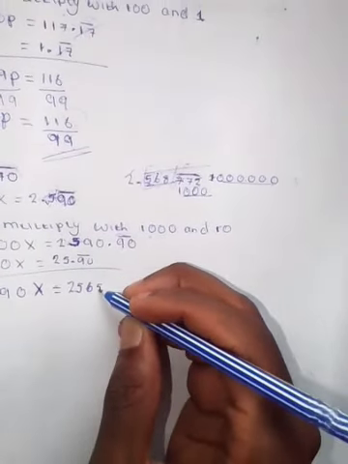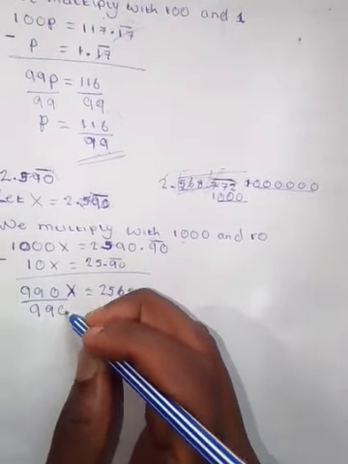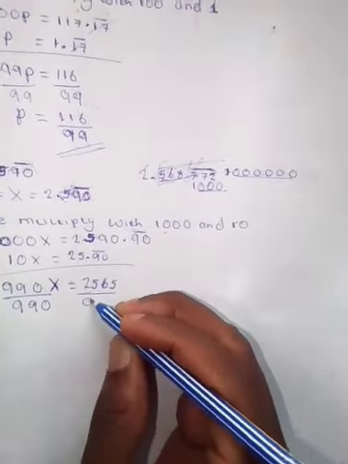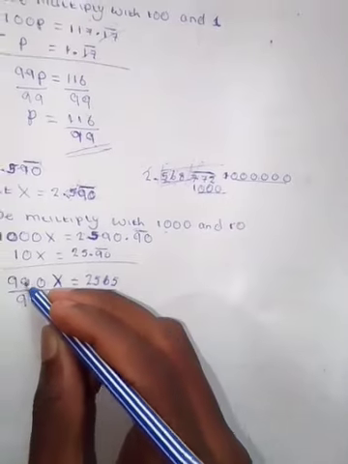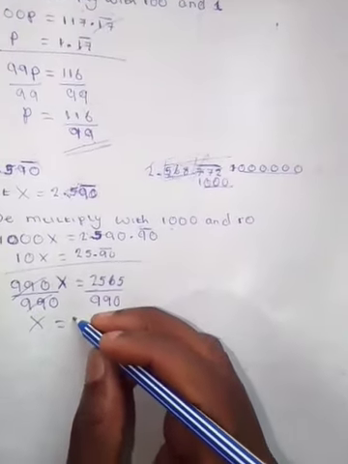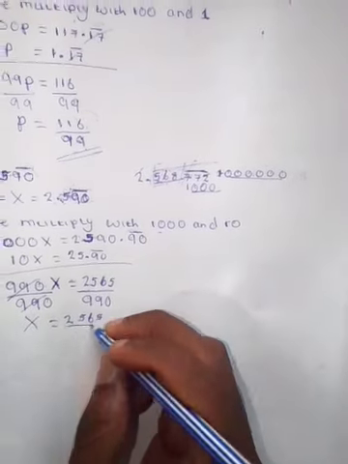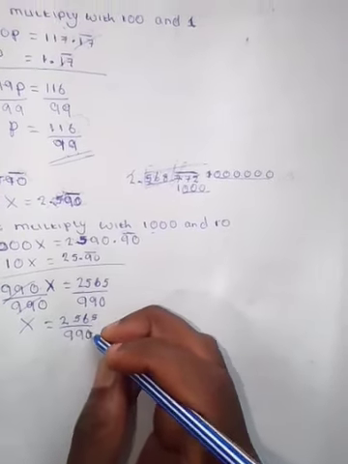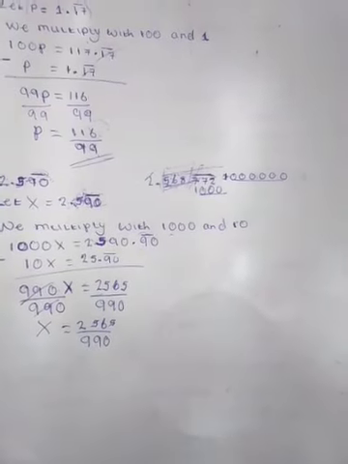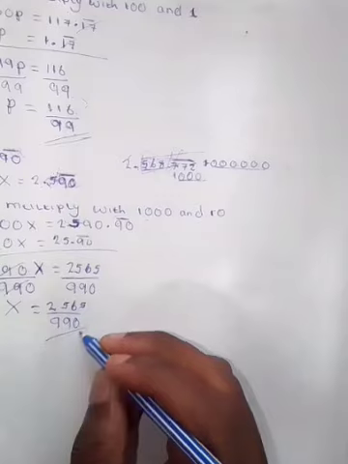Then we divide through by 990. Okay, so they cancel. We're now going to have x equals 2565 over 990. If you can't simplify this further, you can just end here. This is our final answer.